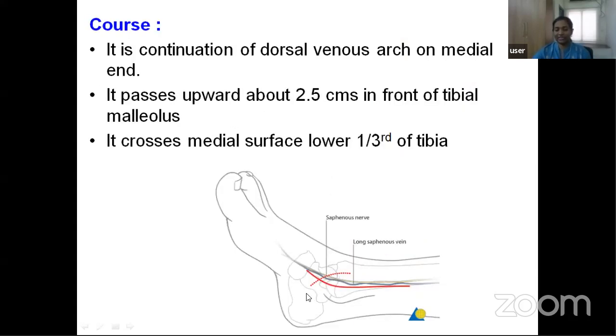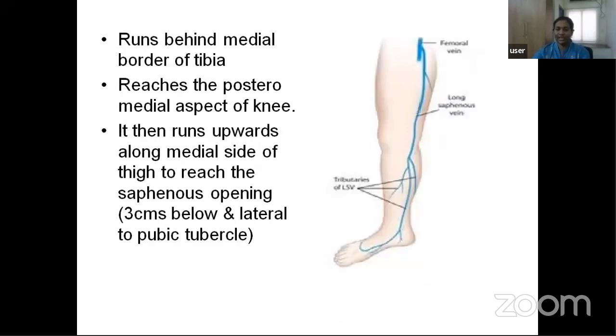The dorsal venous arch on the medial side starts as the great saphenous vein. The great saphenous vein extends upwards on the medial side, 2.5 centimeters in front of the tibial malleolus, goes upwards, and in the lower part of the tibial region, it is on the medial side, and as it extends upwards in the leg, it is on the posteromedial aspect of the knee.